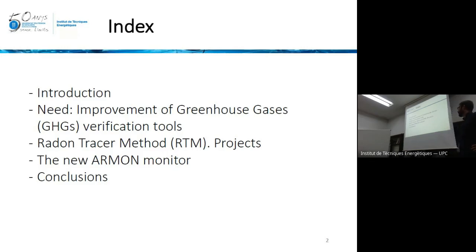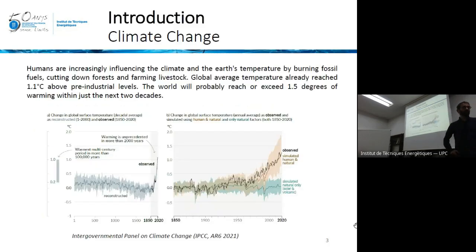I will introduce the radon tracer method and projects related with this methodology, and finally I will introduce the new ARMON monitor that we are developing here.